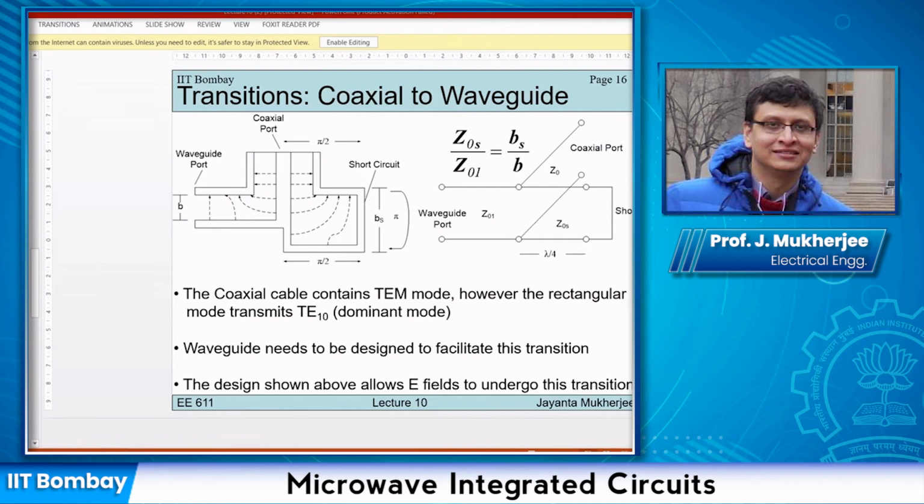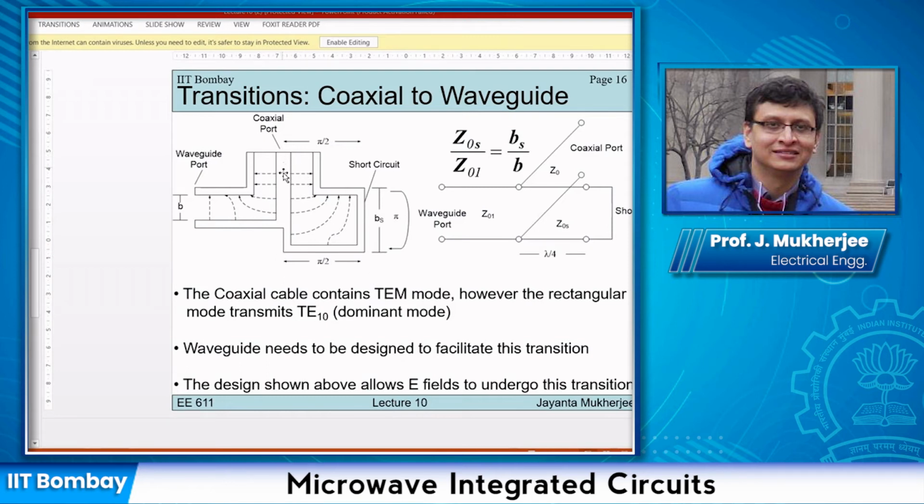Okay, this is another type of transition. Now, while the previous one was from TEM to quasi-TEM, where both the waveguides were two conductor waveguides, here the coaxial, so this is the coaxial cable that is coming, and this is my waveguide. So here, this I had discussed many lectures back, but I'll still discuss it again.